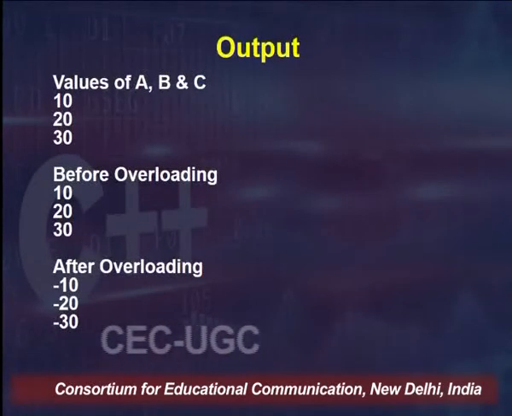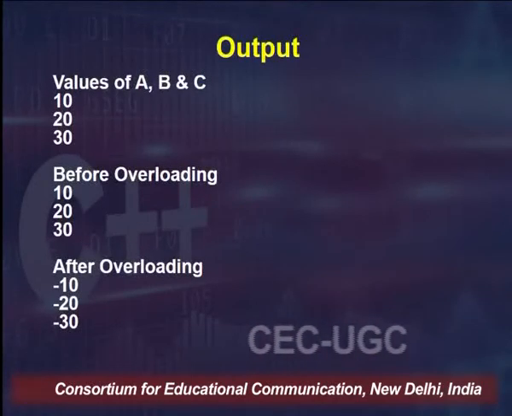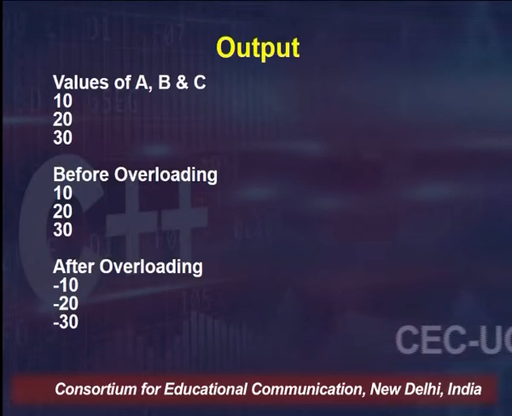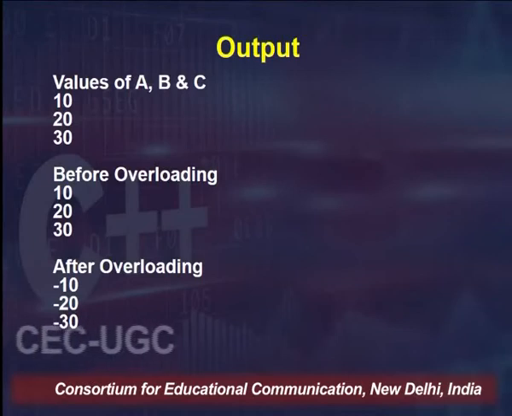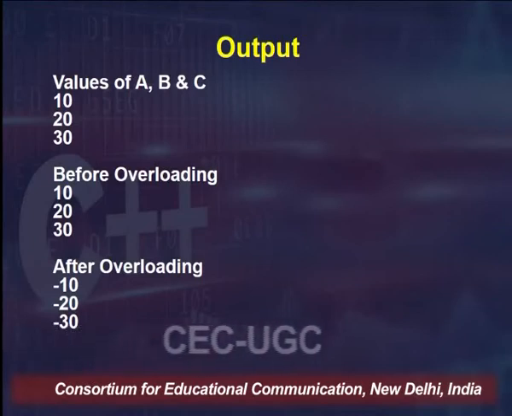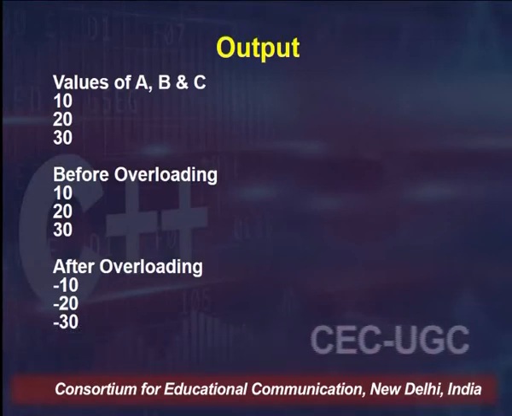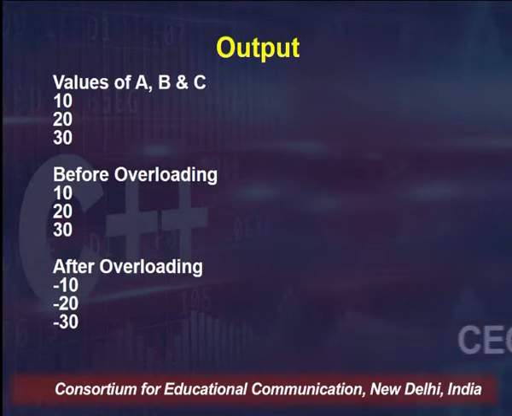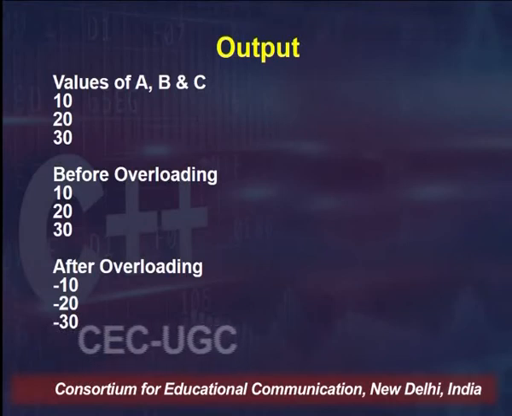So if you can see, the values of A, B and C were 10, 20 and 30, which, if you recall the code, were hard coded. You can always ask for the values of A, B and C from users.